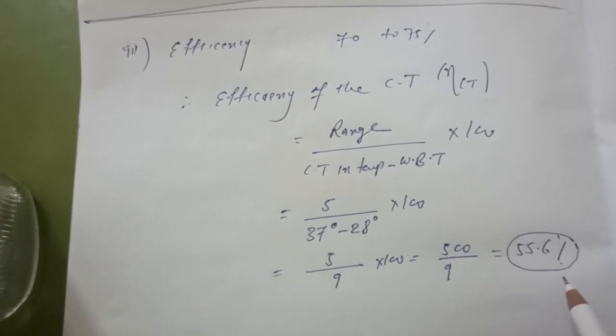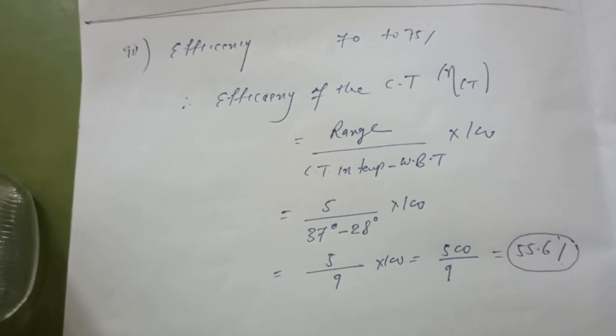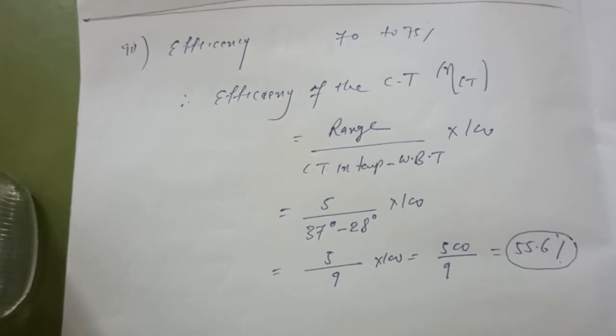Also, the efficiency of a cooling tower depends on the surrounding weather condition. What is the moisture content in the air? If the moisture content in the air is high, then the cooling tower performance will be low.